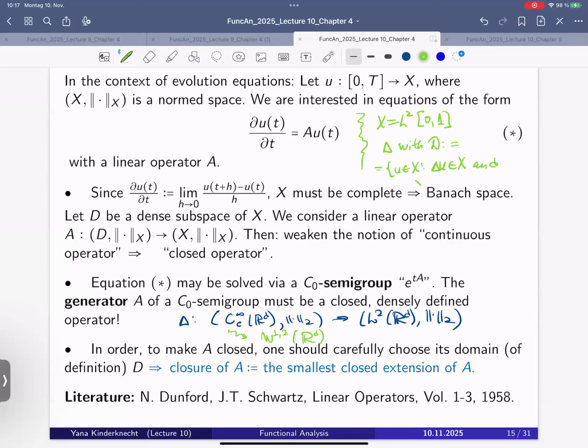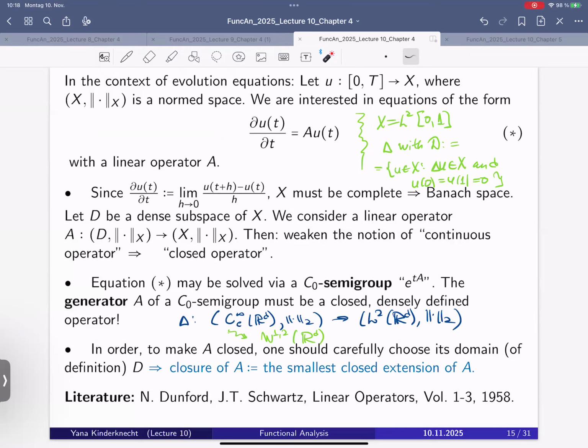For example, Dirichlet boundary conditions. So we have considered this operator, and we said that this operator has some eigenfunctions, and they are given by some sine functions.